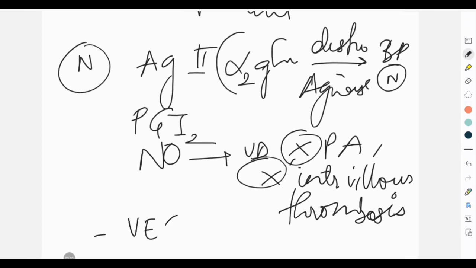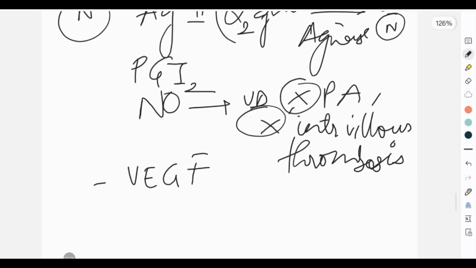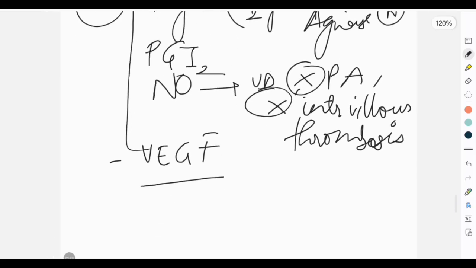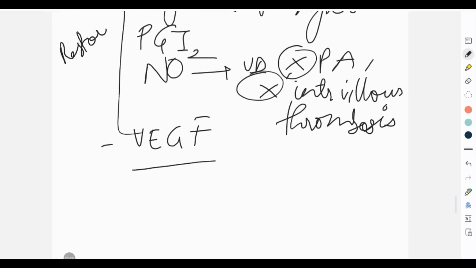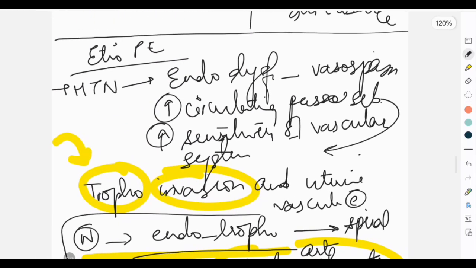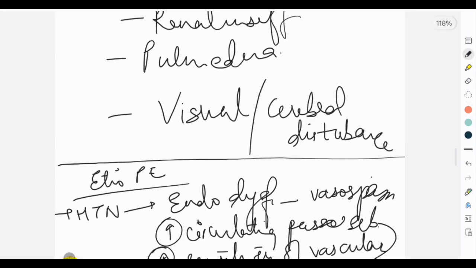Then there is one more factor, VEGF, which is a mitogenic glycoprotein. All these restore uteroplacental flow to a normal level. So these were all the etiopathologies of preeclampsia.